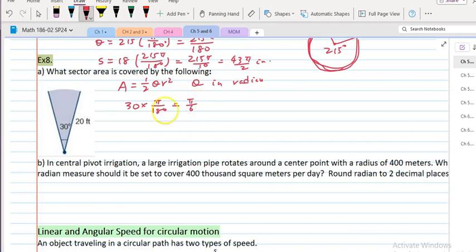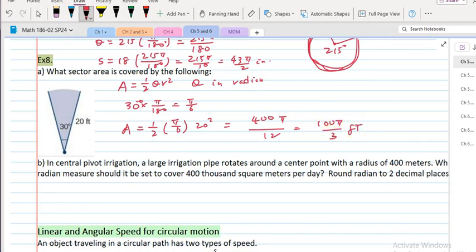Now I can use it in this formula, 1/2 times pi over 6 times 20 squared. So it will be 400 pi over 12, because 20 squared is 400, and 2 times 6 is 12. Simplify, dividing by 4, 100 pi over 3 feet.